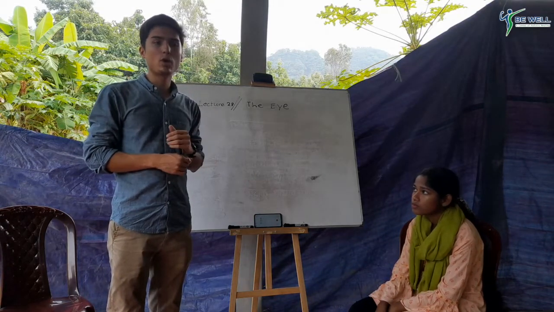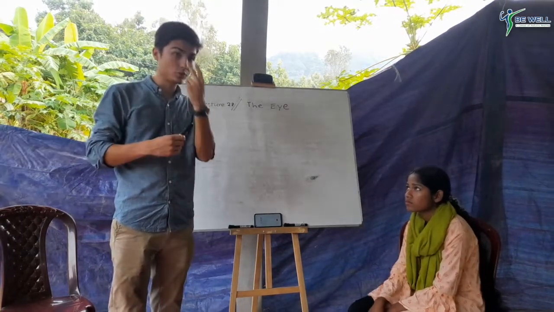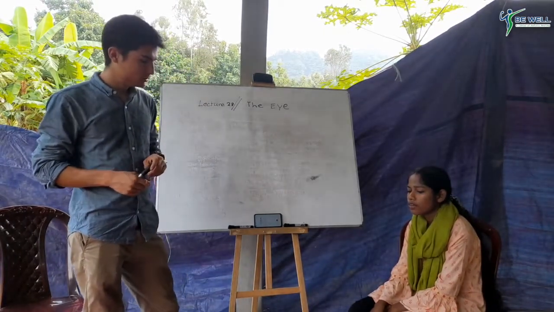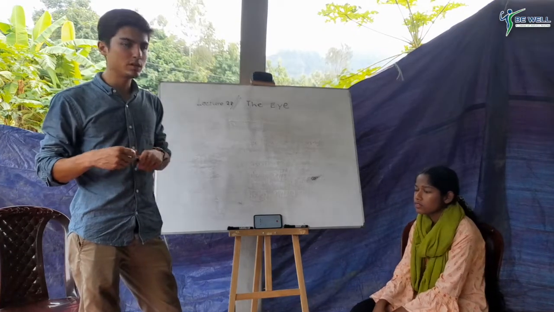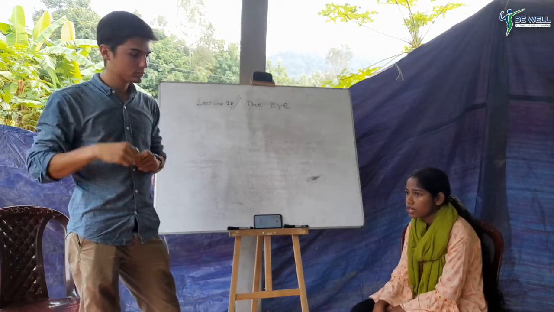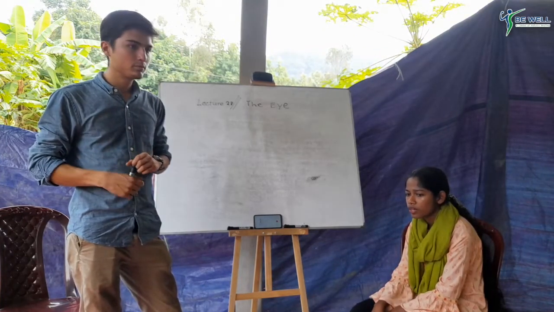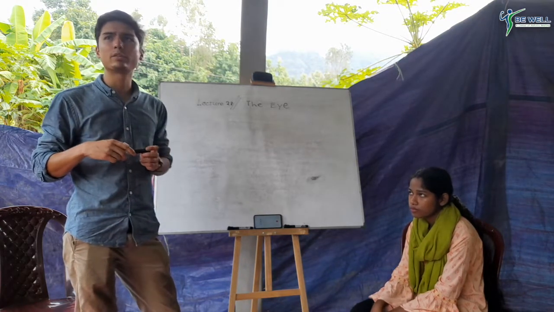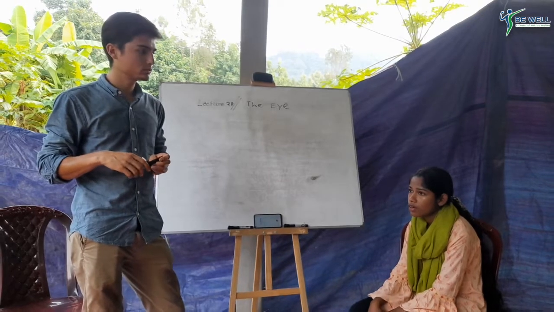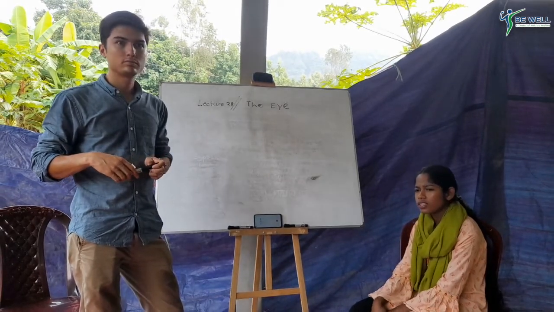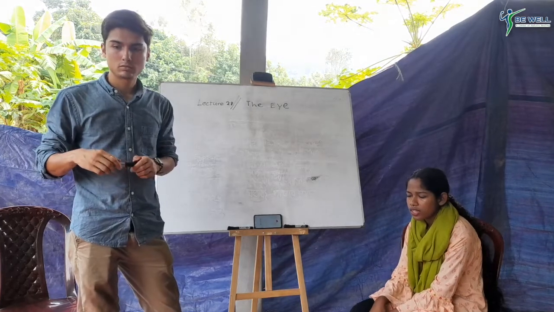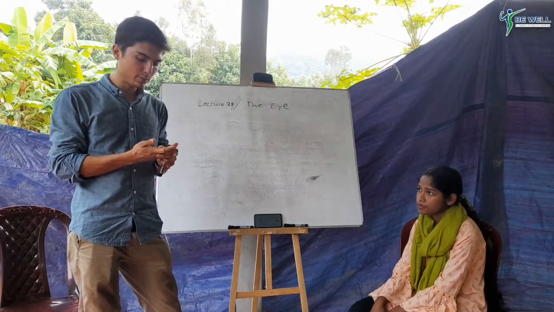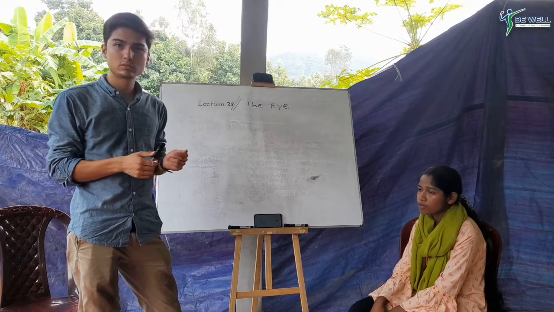Now, there are many reasons why people have trouble seeing. And in order to help those people, we need to understand their problem. But you know what would be better than helping people with the problems they already have? Preventing people from getting the problem in the first place.